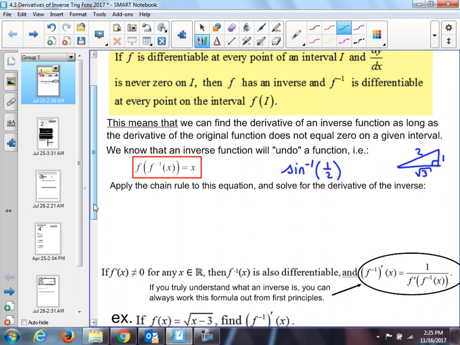Which angle, we're going to talk radians, is it the pi thirds or is it the pi sixths? We'll try not to say 30 and 60 degrees. Which one gives me the sine that has an answer of 1/2? And it is? Pi sixths.